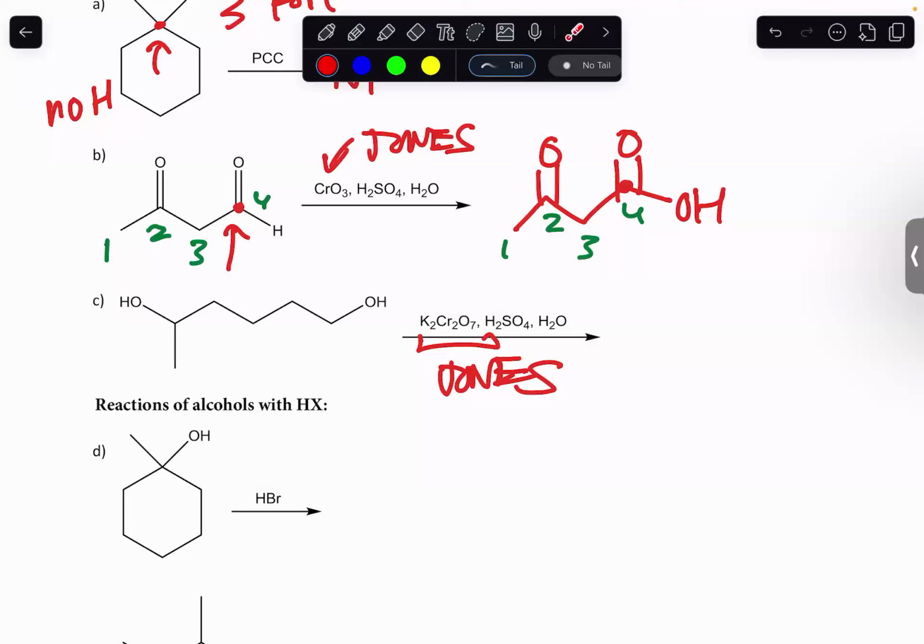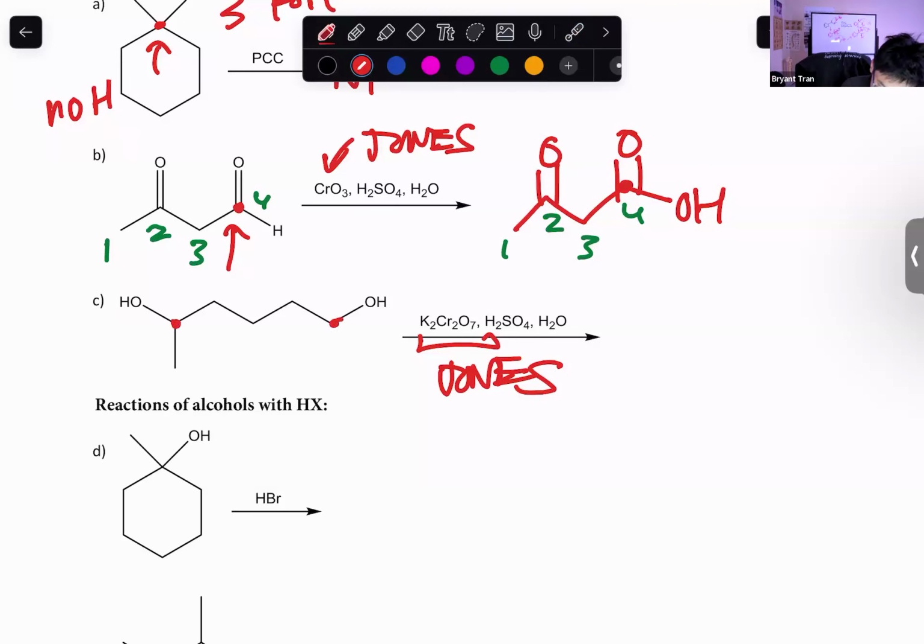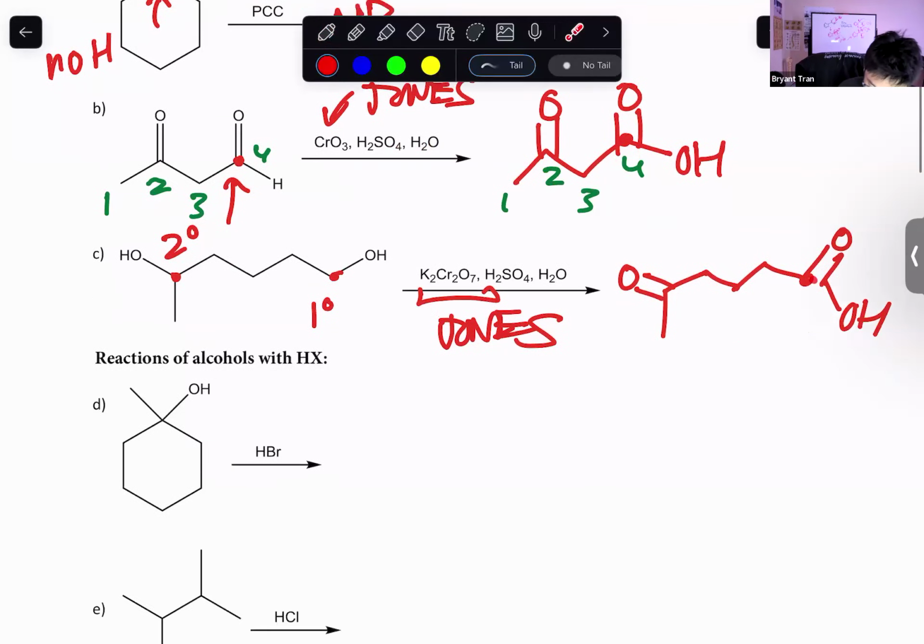Would you get a ketone on the left and on the right a carboxylic acid? Yep. We'd get a ketone on the left because that's a secondary alcohol. The one on the right is a primary alcohol, so we would convert that primary alcohol into a carboxylic acid like that.